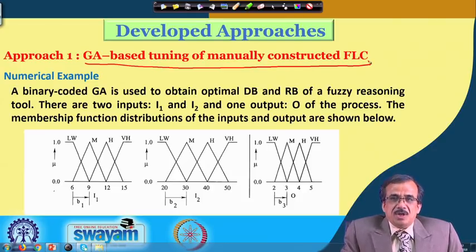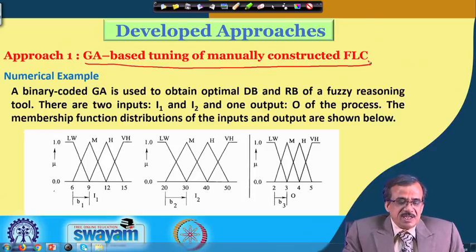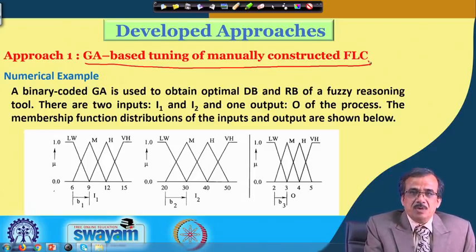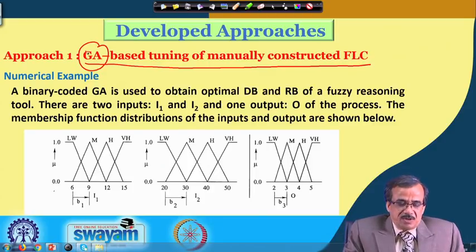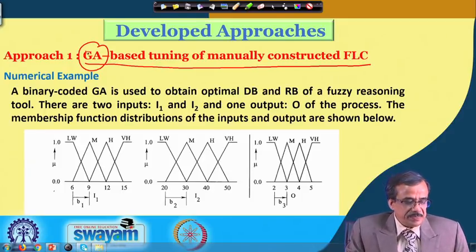Based on the information we have, we design it manually first, but that may not be optimal in any sense, and after that we take the help of an optimizer, say genetic algorithm, so that we can find out the optimal knowledge base for this fuzzy logic controller.